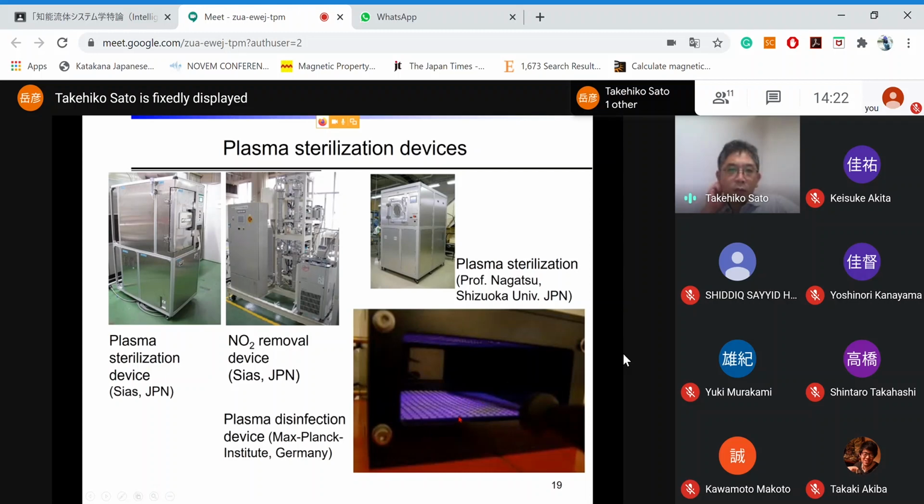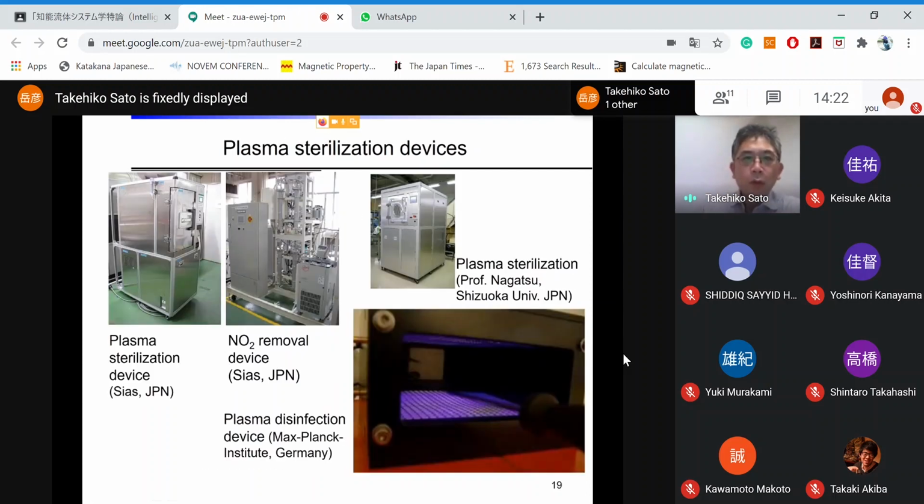And this is a plasma disinfection device. This is for hand cleaning or hand disinfection. But it generates much ozone, and sometimes it's coming out. And if we breathe this, it becomes a very big problem. So still under research.